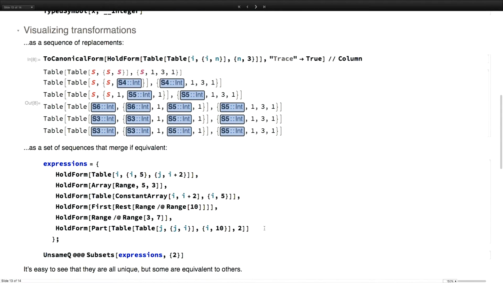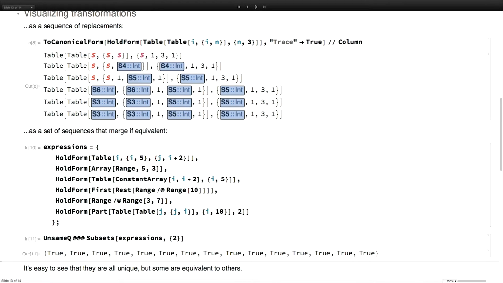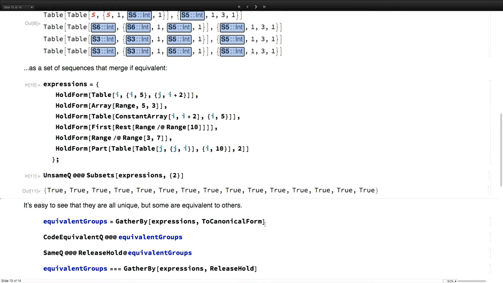Here's another example where, again, I'm using things that would evaluate to the same thing anyway, but I just like tables. So obviously, those are all different from each other while they're held before they're evaluated. But if I gather them by their canonical form, I can see how many equivalence classes there actually are in there.